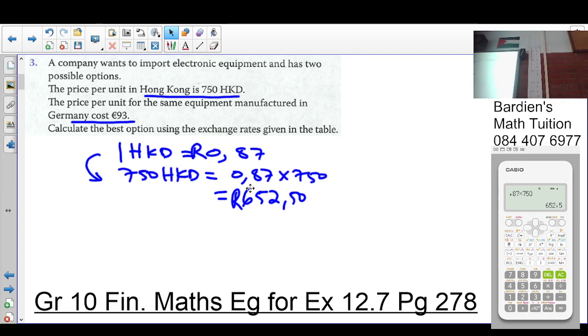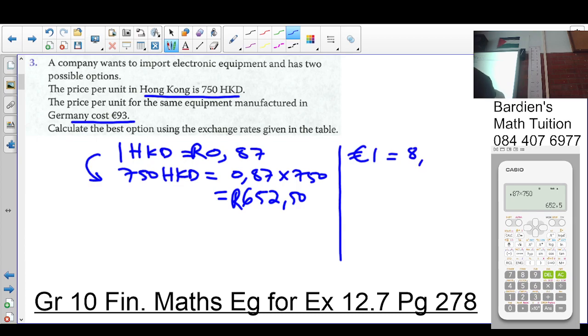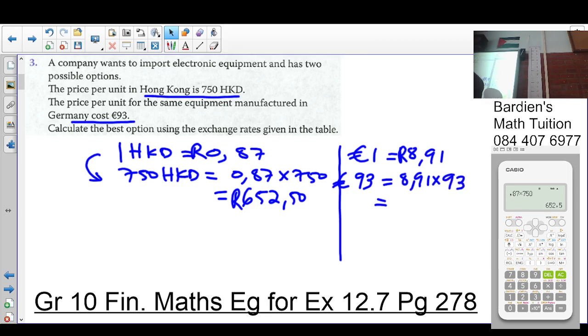Okay. Then we said that 1 euro, in our previous calculation, is equal to 8 rand 91 cents. So 93 euros is equal to 8,91 multiplied by 93. Gives us 828 rand and 63 cents.